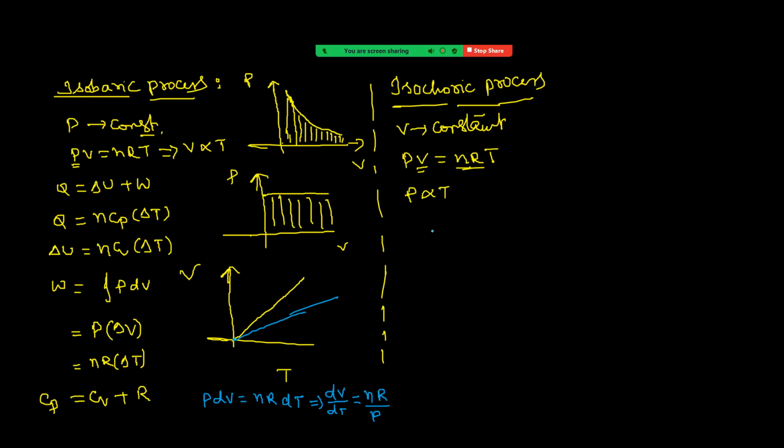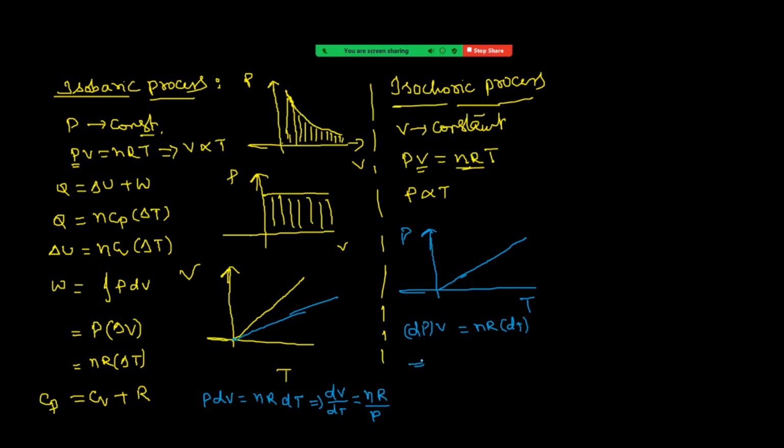In the same way, coming to here, if you are taking graph pressure versus temperature, it is passing through origin. And see gas equation PV equal to nRT. Differentiate that. dP into V is equal to nR dT.